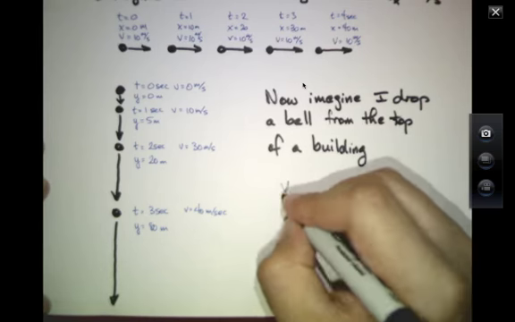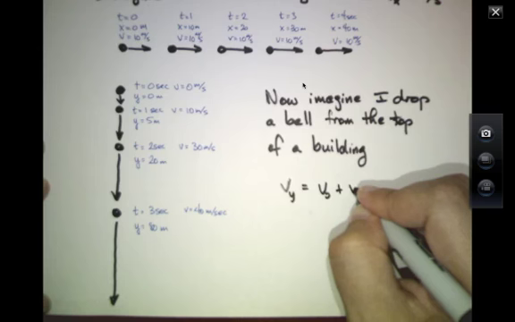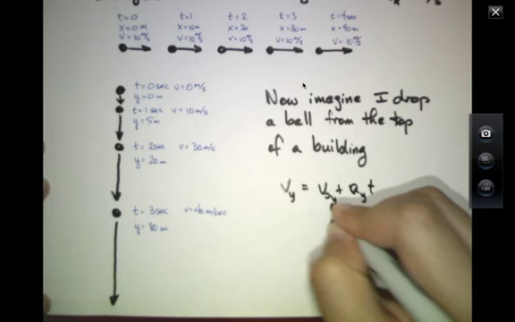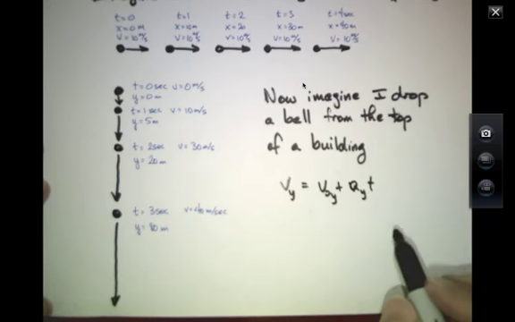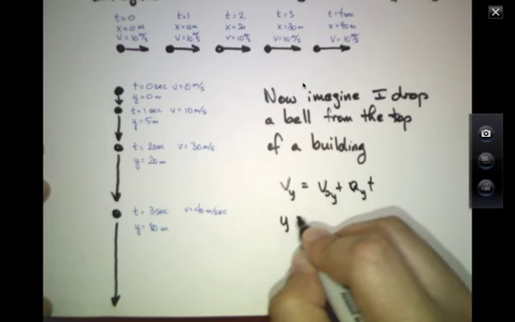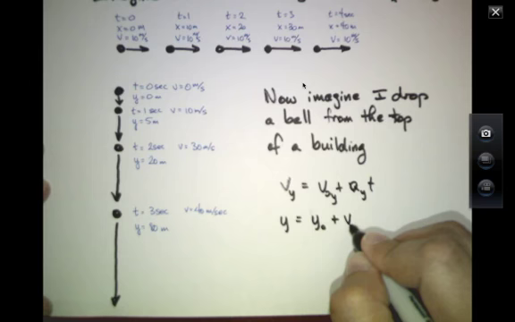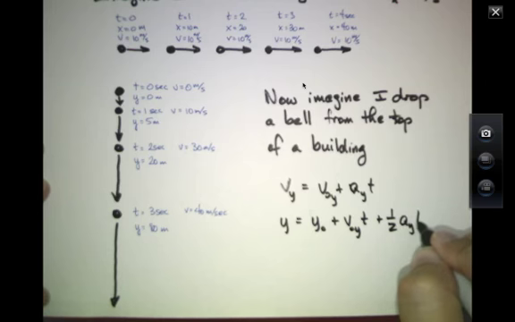Remember that vy is v naught plus ay t, and ay is this constant g. And y is going to equal y naught plus v naught y t plus 1/2 ay t squared.